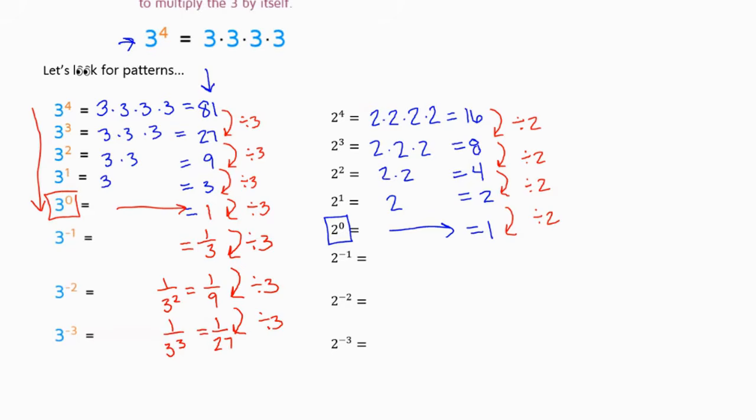Let's look over at our 2 table. So if I divide 1 by a 2, then what I come up with is 1/2. If I continue this pattern, I end up with 1/4. And then lastly, I would end up with 1/8.